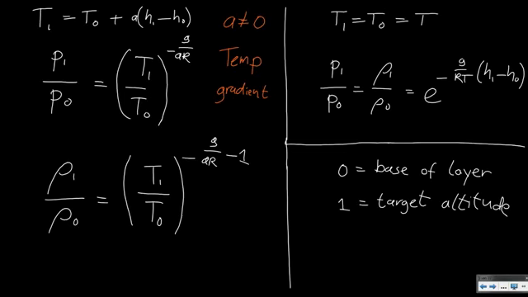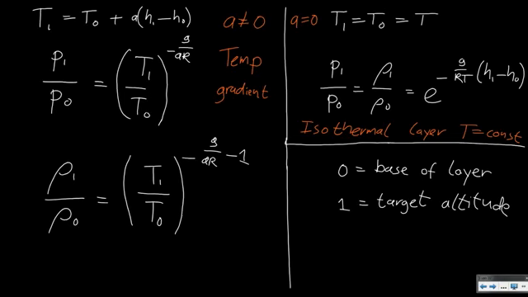And on the right side, we have this set of equations where the lapse rate is 0, and this is what we call an isothermal layer, which means temperature is constant. So we have two sets of equations for different types of layers.